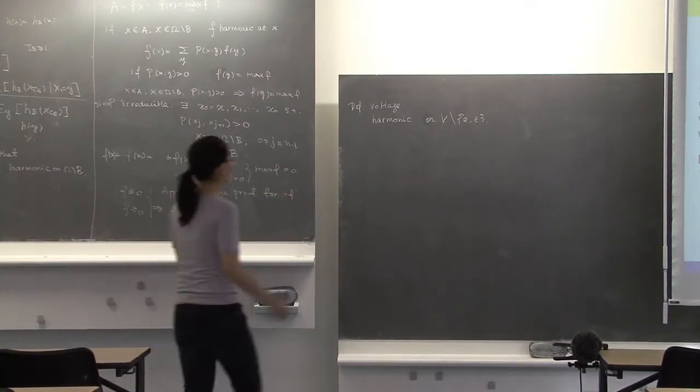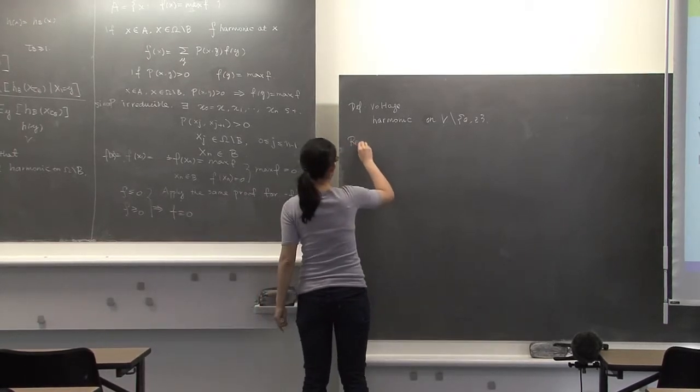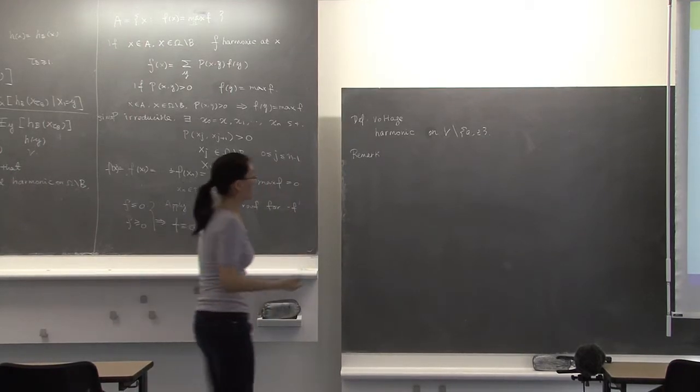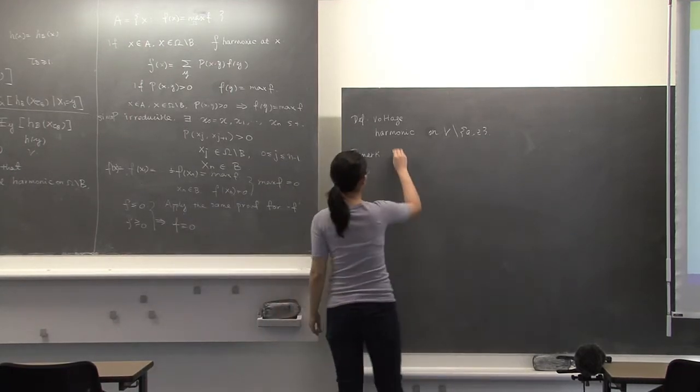And here before, by the theorem for the harmonic function, we know that a voltage is uniquely determined by its boundary value.